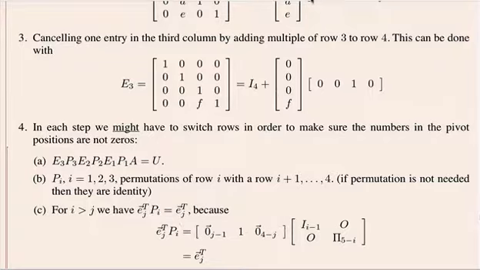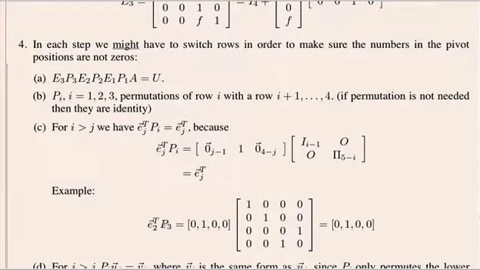Let me actually show an example for this. For example, e_2 transpose would be multiplied with P_3. This is e_2 where only the second entry is 1. And P_3 means that the third row is interchanged with, well, the only option is to permute it with row 4 in this case, because P_i is supposed to permute a row with other rows with higher index.